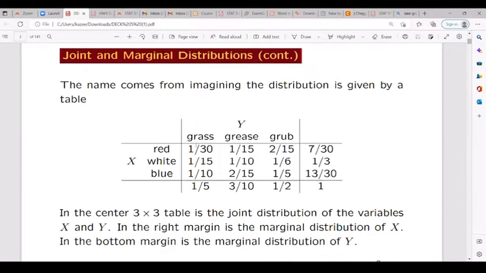This is a situation where X and Y are discrete in nature, and we can find the marginal.